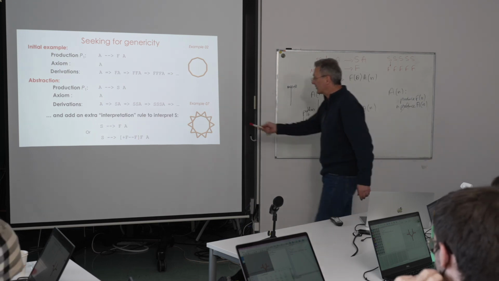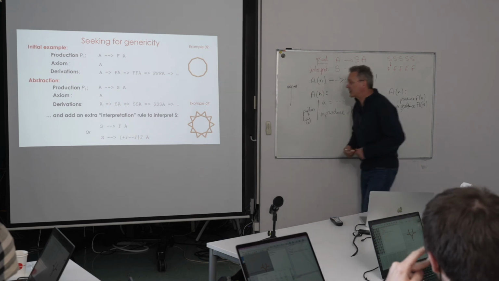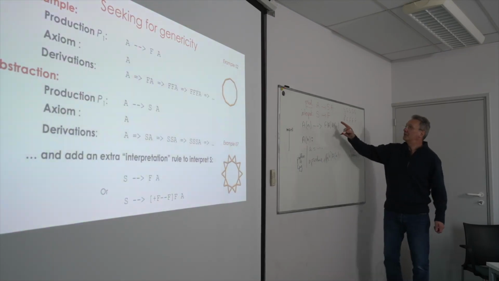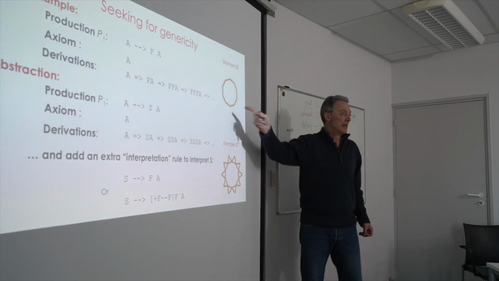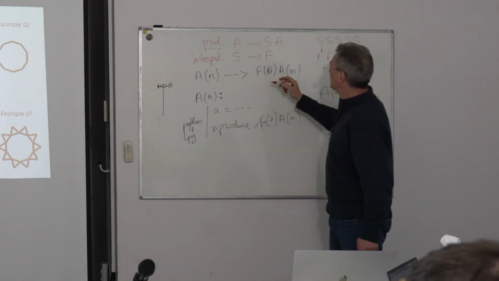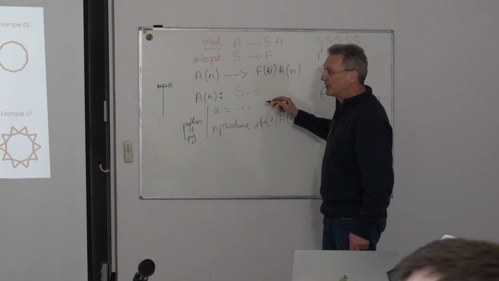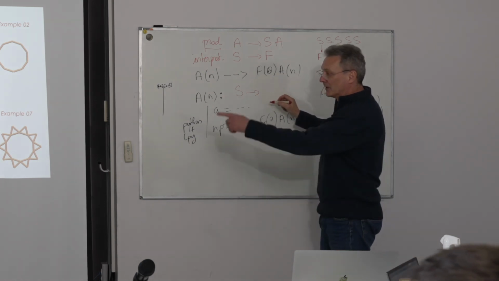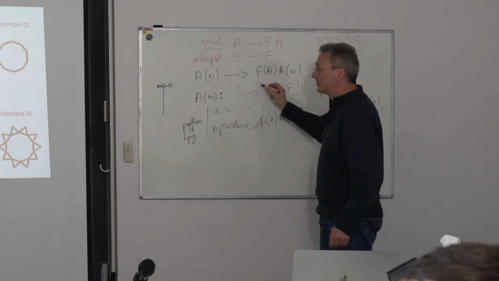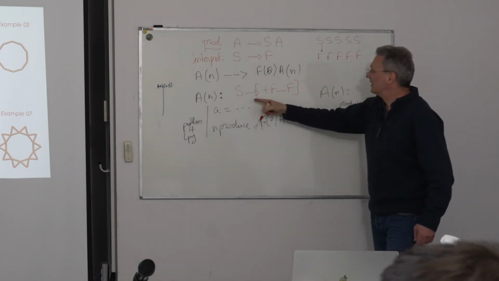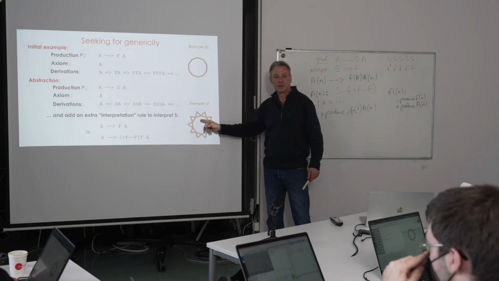And this is the way, for instance, here, in example 7, by just using this and changing this rule, okay, if I put this rule here, I obtain this. If I put a rule that would say S should be interpreted as plus F minus F, actually it is written over there, instead of this, then I can draw whatever I want at the position of the turtle here.